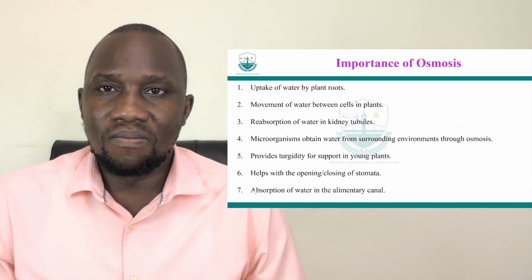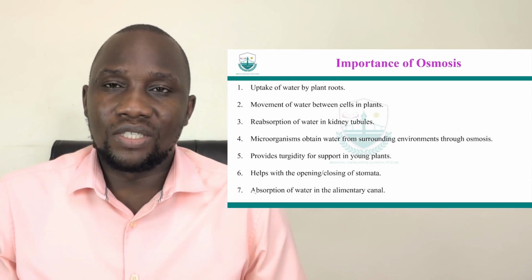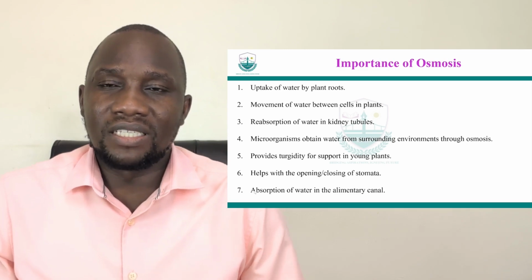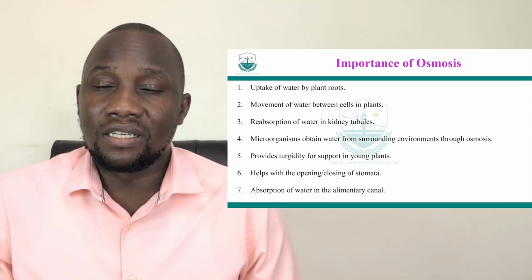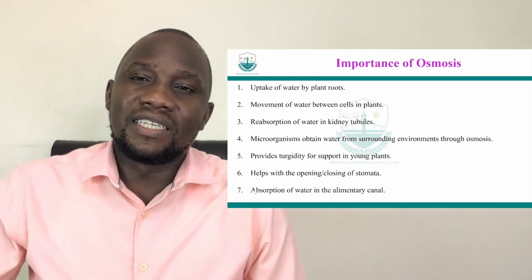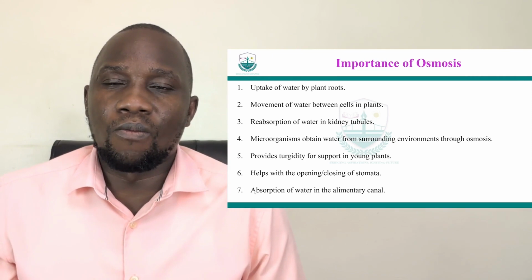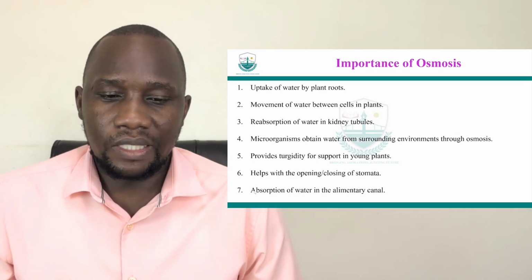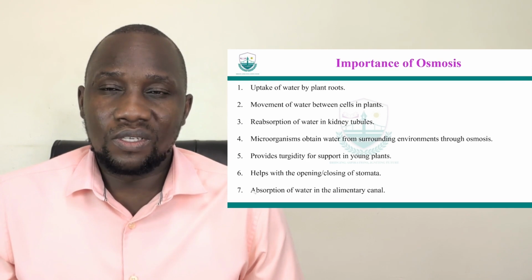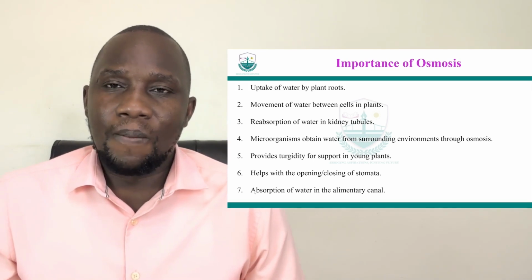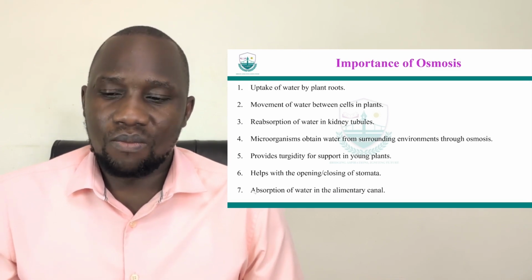Osmosis happens in many processes, including uptake of water by plants through the root hairs, maintaining the pool of water so that it can move up the plant, in the kidney tubules, and in microorganisms, which get water from the surrounding environment.